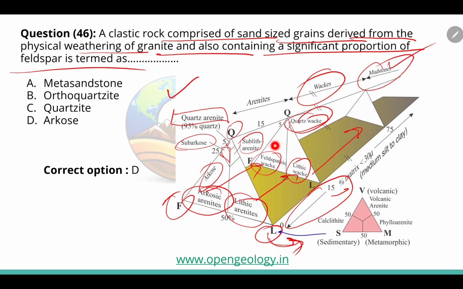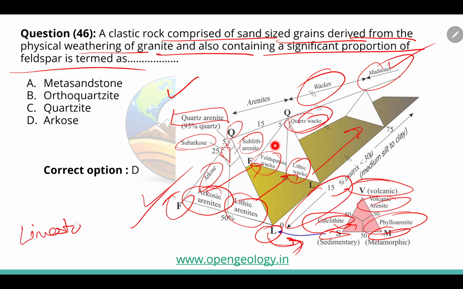The lithic fragments can be further divided: if volcanic, then volcanic arenite; if sedimentary rock fragments, sedarenite; if metamorphic fragments, phyllarenite. You should remember all of this sandstone classification. Also remember the limestone classification.